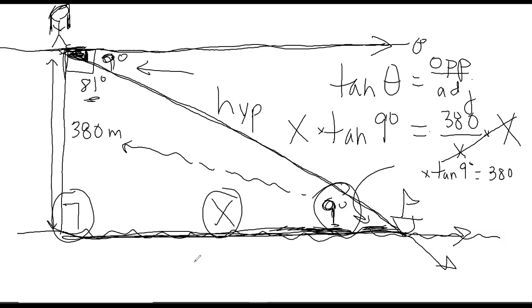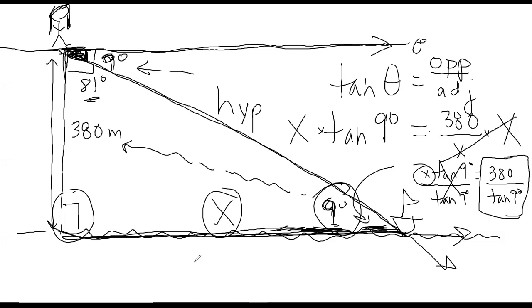Well, how do I get x by itself? I've got x times something. X times something, I just divide by that something. Divide by tangent of 9, both sides. So now those cancel out on the left. I've got x by itself, and my answer then is 380 divided by the tangent of 9.